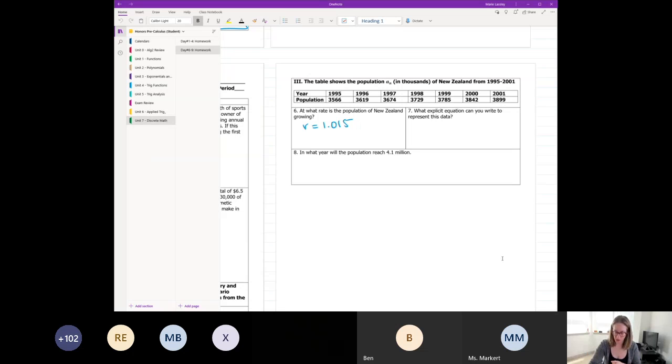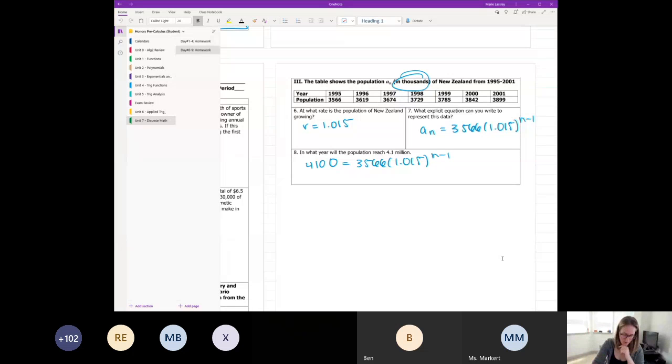And then my explicit equation is a sub n equals 3566 times 1.015 to the n minus 1. And then what year did my population reach 4.1 million? So I just did 4100, because it's in thousands. That is why I only put that. And then I just did 4100 equals 3566 times 1.015 to the power of n minus 1.